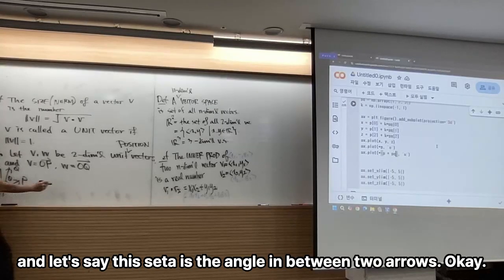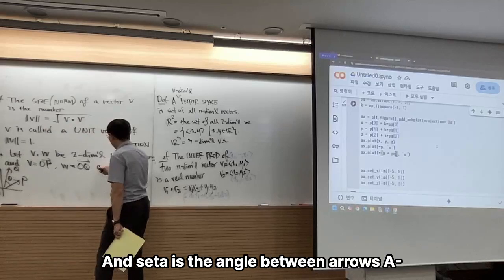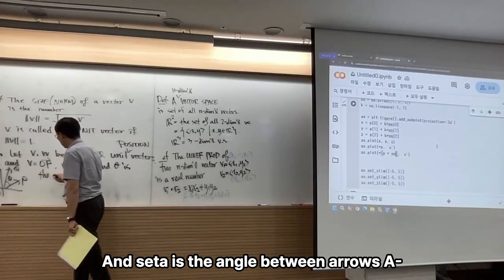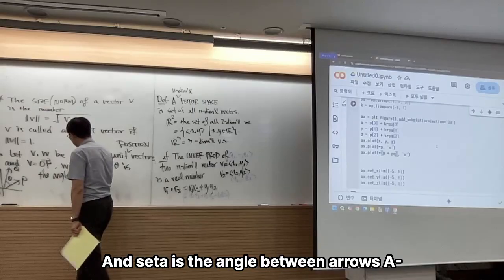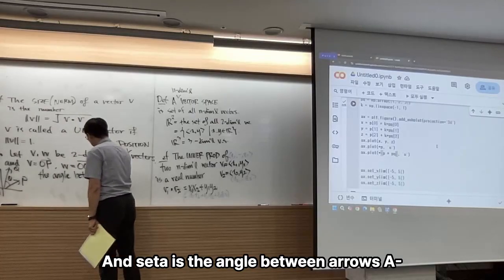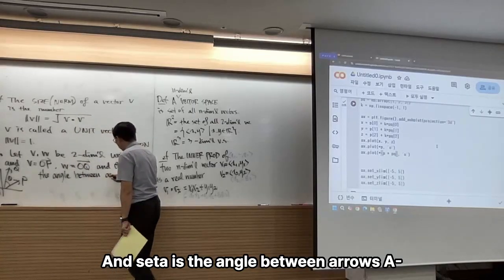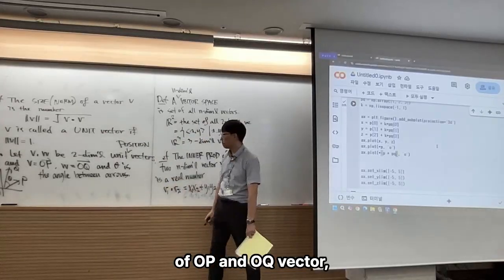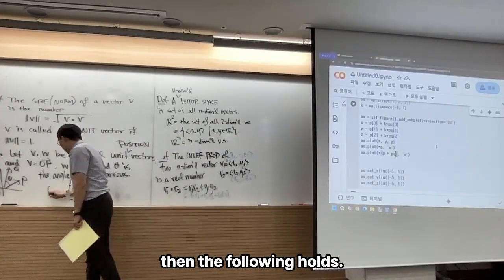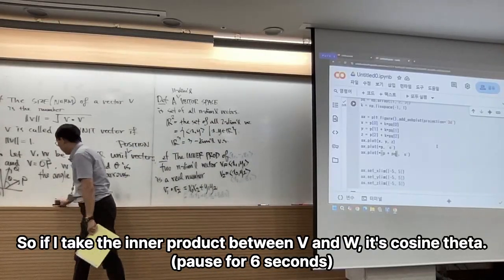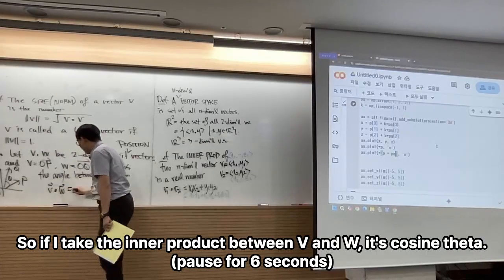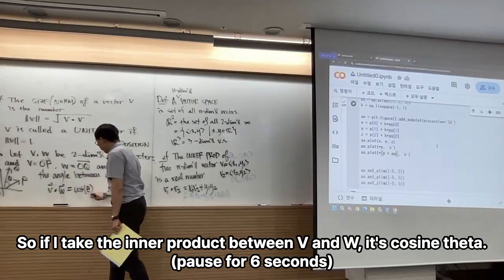Theta is the angle between the arrows of the OP and OQ vectors. Then the following holds: if I take the inner product between V and W, it's cosine theta.